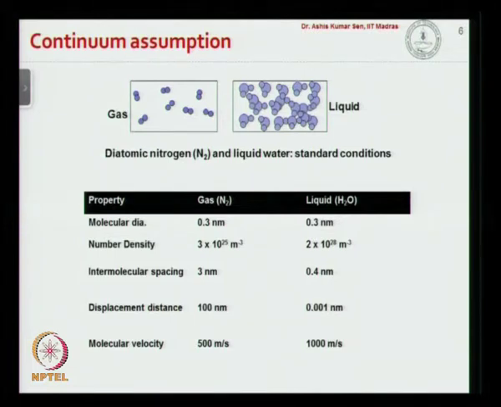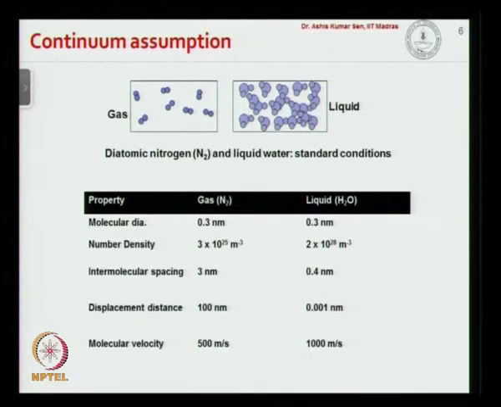The number density of nitrogen is 3 into 10 to the 5 per meter cube, and the number density of liquid water is 2 into 10 to the power 28. The intermolecular spacing in case of nitrogen is 3 nanometer, whereas in case of liquid it is 0.4 nanometer, about 10 times less.